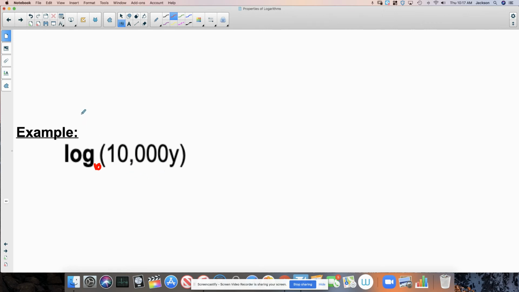The word we're going to start to see here is expand. We'll deal with expansion in more detail in a future lesson, but expand means this logarithm that has a product on the inside can become two logs where I separate the product. Find that breaking point where the multiplication exists, and then write two separate logs.